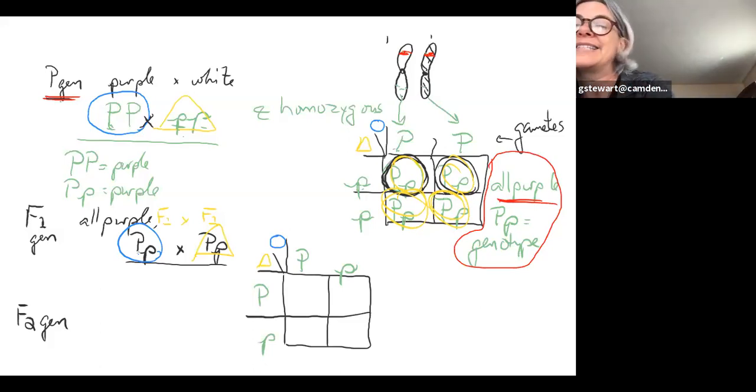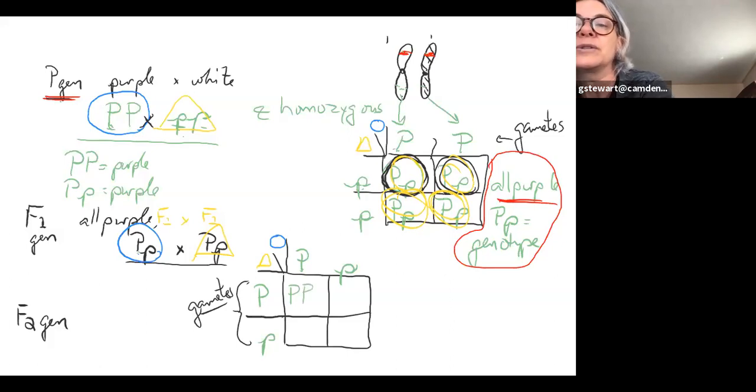Now we're going to get different results when these form zygotes, which is what we're forming in the inside boxes, right? On the outside, remember, these are gametes. These are the results of meiosis. These are what is possible. And then now we're asking, okay, if this pollen grain meets up with this ovule, I would get this zygote.